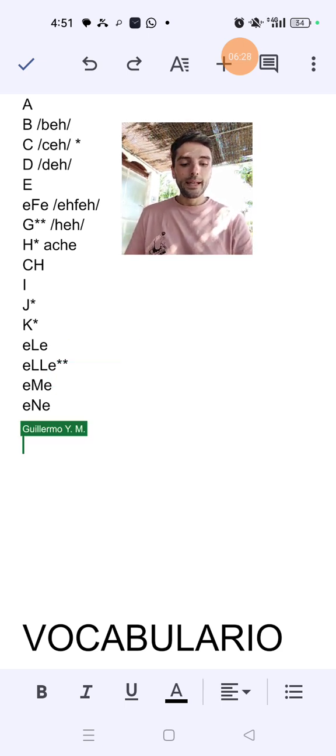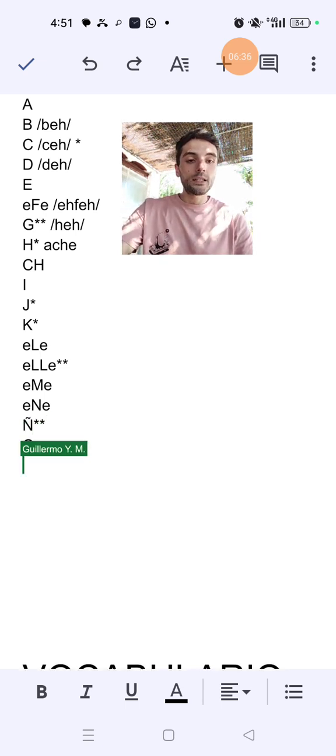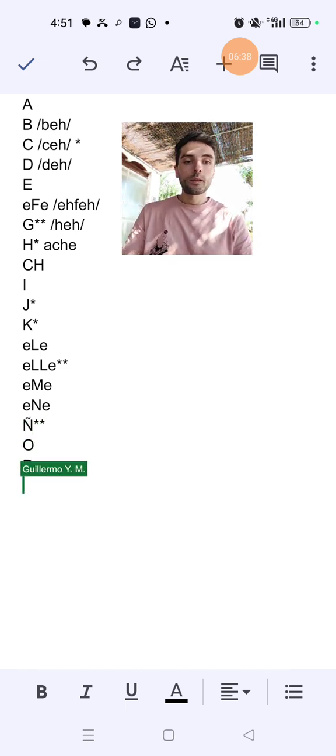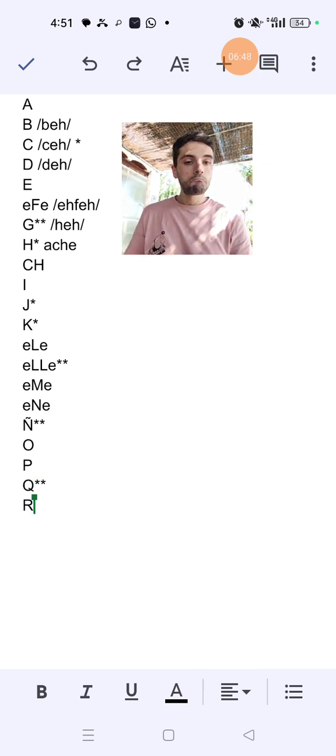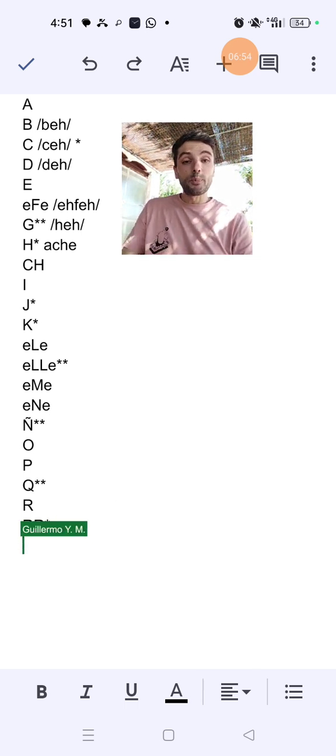M, N. Then we have the ñ, which is also strange for you, right? O, no problem here. P. Then that one is also special. We say it Q, right? R, no problem here. Now double R. It can be challenging in the pronunciation, right?